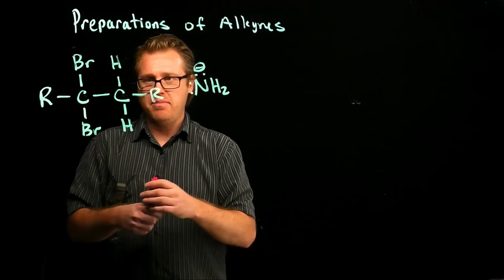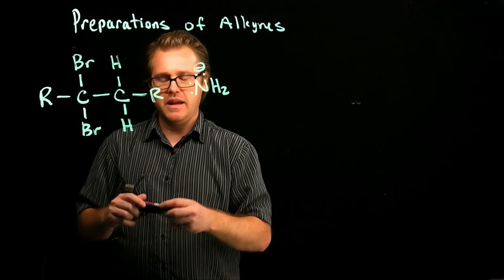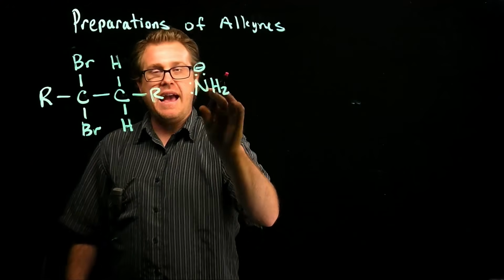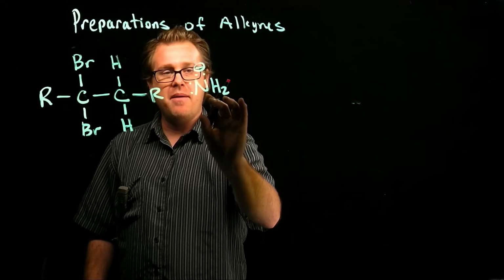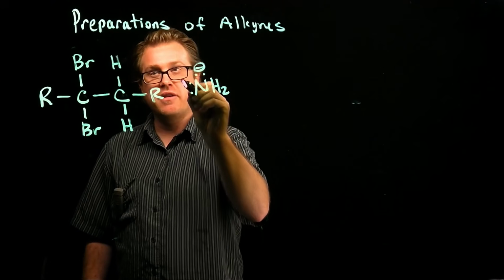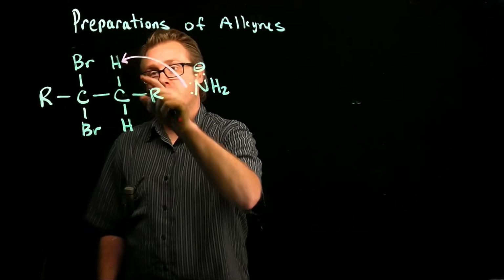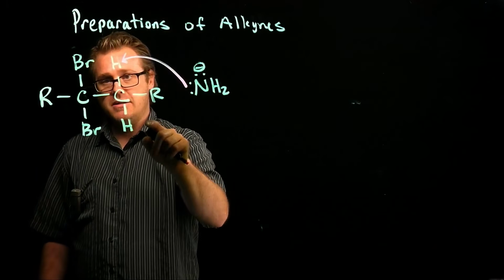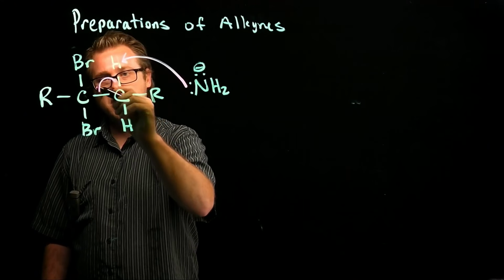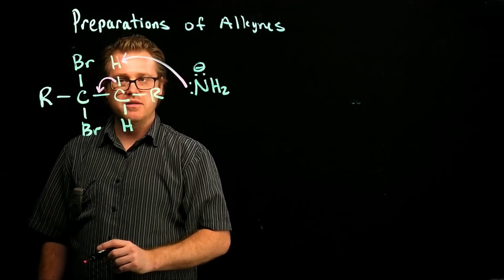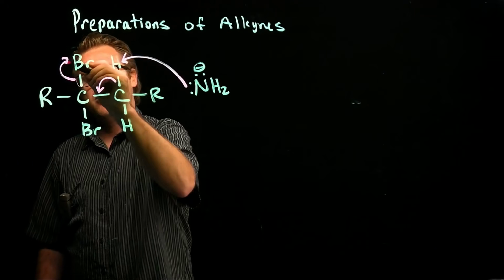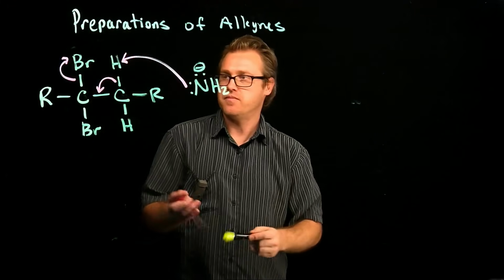Now, what's happening here is we add some sodium amide, and that's going to act as a very strong base. You need a very strong base. So it's going to abstract one of these two protons, break that carbon-hydrogen bond, and then eliminate one of the halogens.